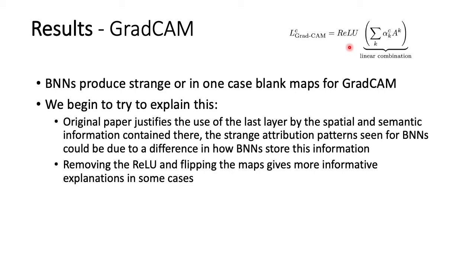Whereas we've found the opposite: by removing the ReLU and flipping the maps, more of the object is highlighted in some cases, particularly MeliusNet, which we saw on the previous slide, which doesn't seem to highlight the object. If you remove the ReLU and flip the maps, you get an explanation which highlights the object. So it could be that these negative values in this sum are actually informative for binarized neural networks.